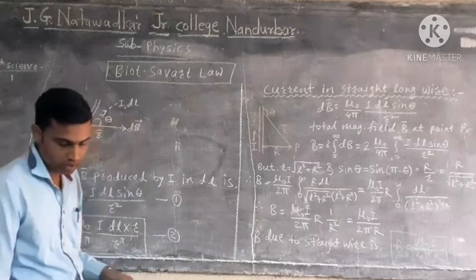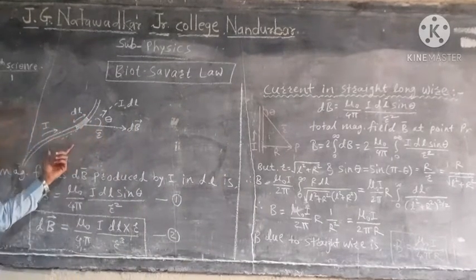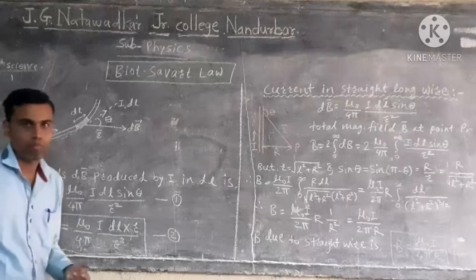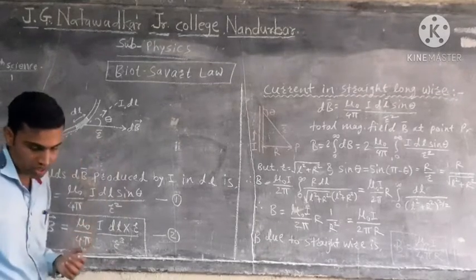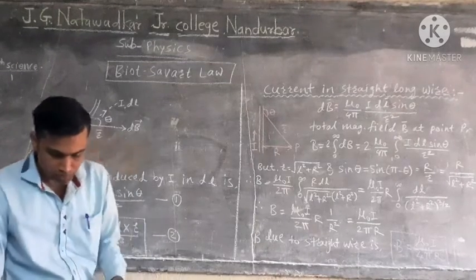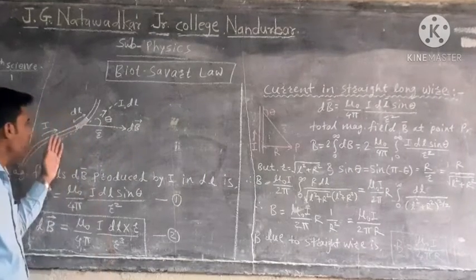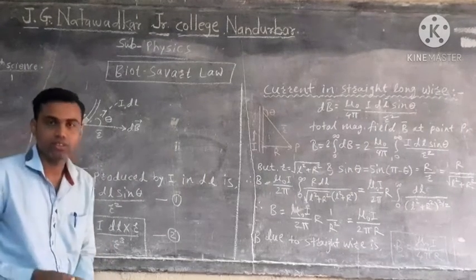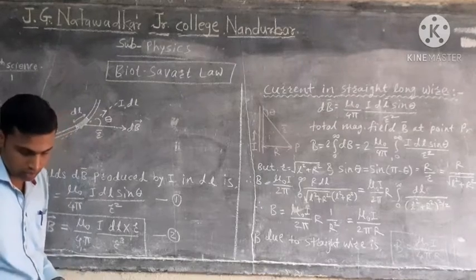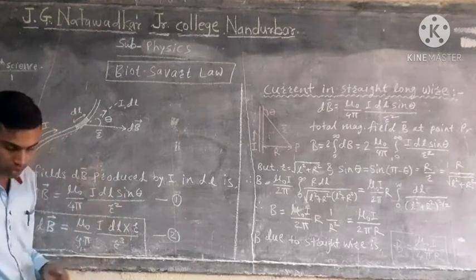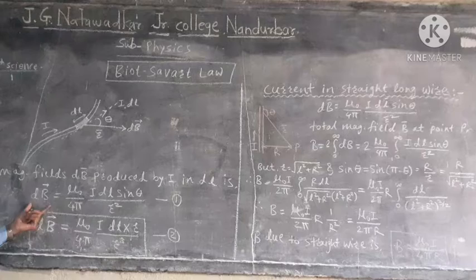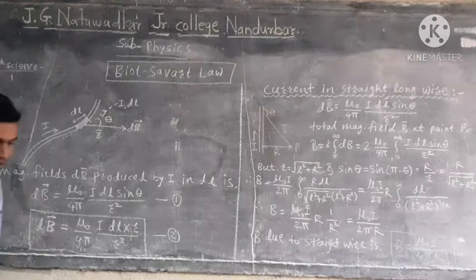So we will start with the basic idea of Biot-Savart law. Here we consider a wire with current capital I flowing through it, and dl shows the direction of the length vector. Now we have to calculate dB.